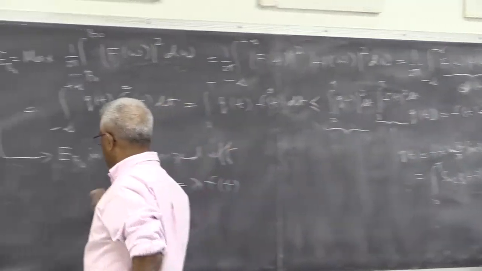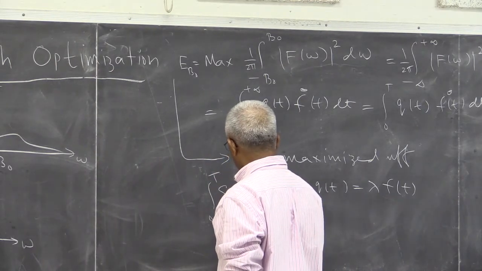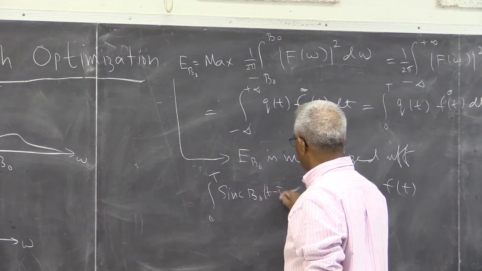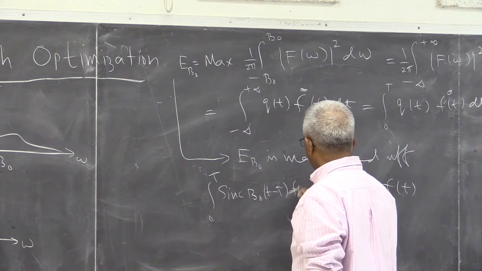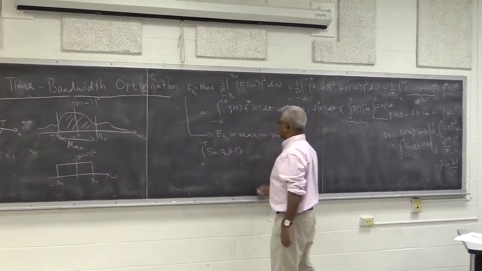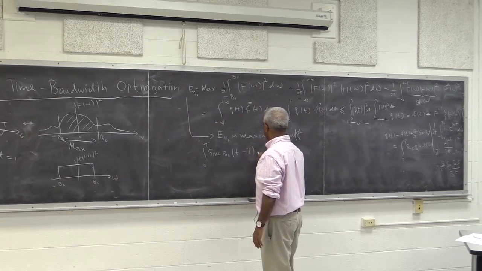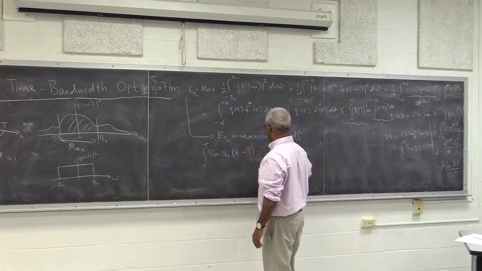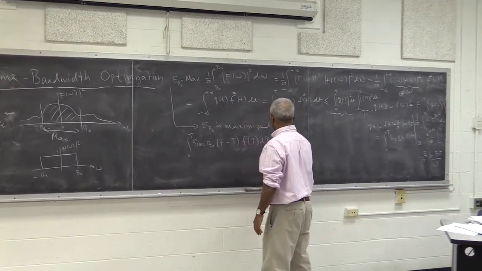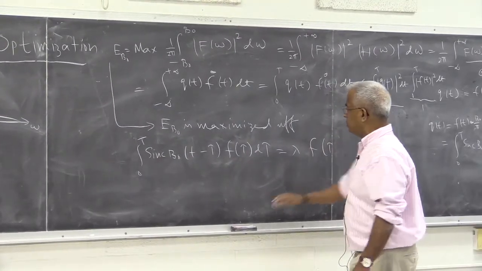So we have to solve this equation, integral 0 to t sinc b naught t minus tau multiplied by f tau d tau will be lambda multiplied by f, this is the equation that is to be solved.